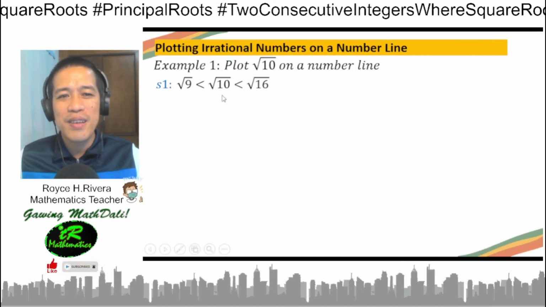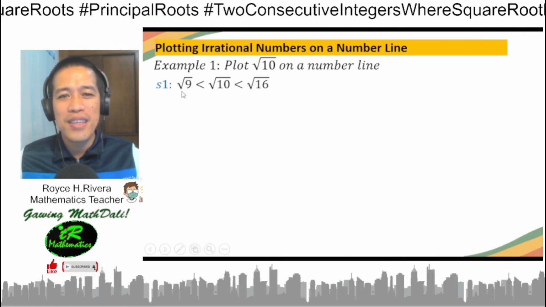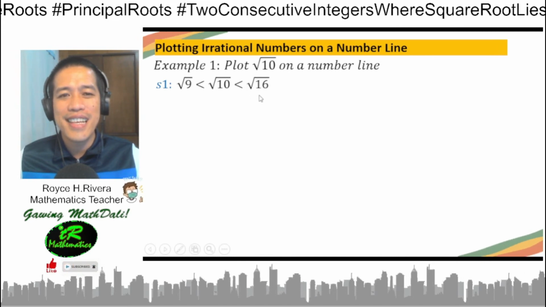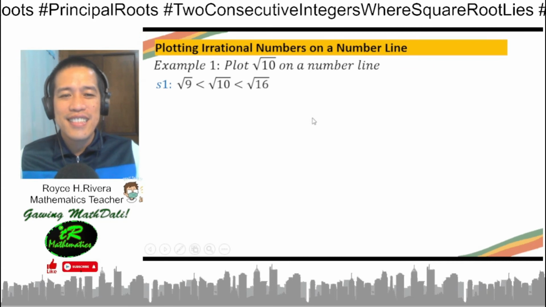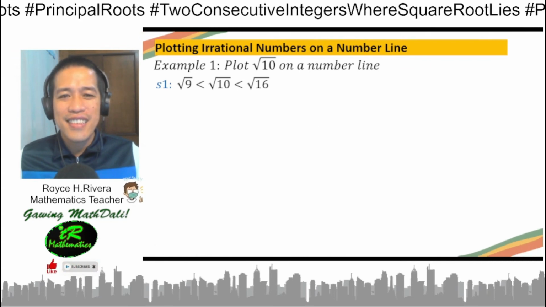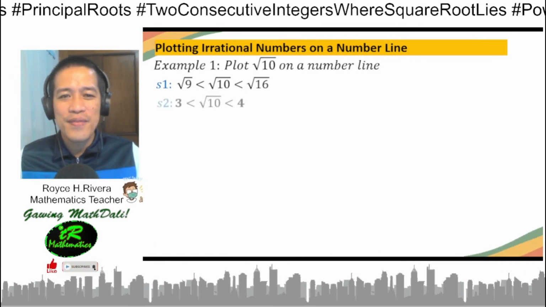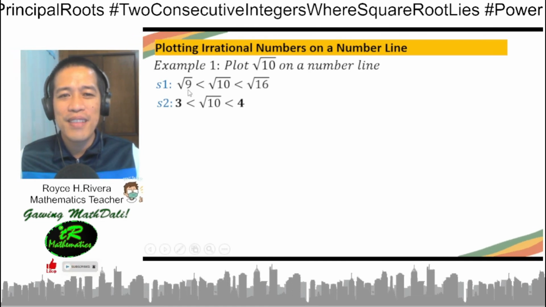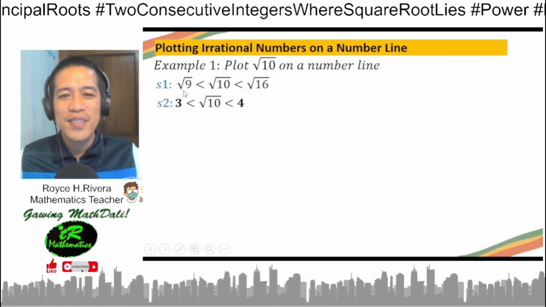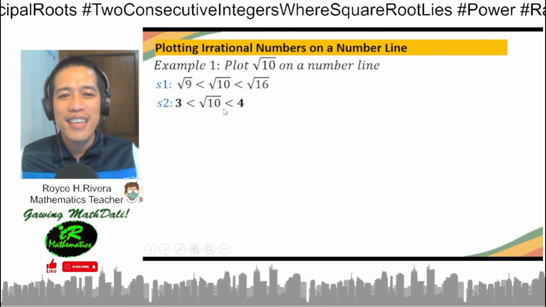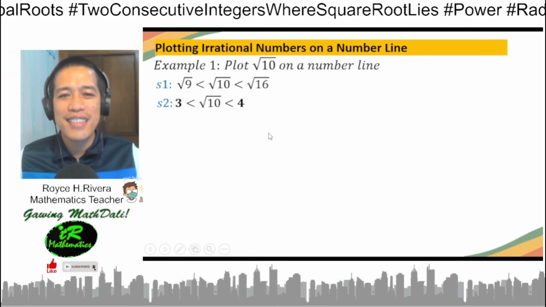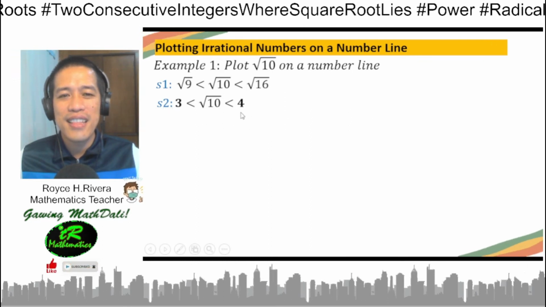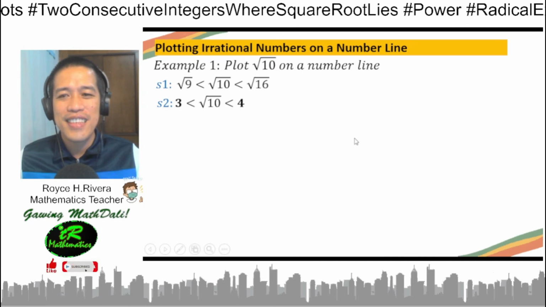So, the square root of 10 lies in between the square root of 9 and the square root of 16. Then, step number 2, we extract the principal root of the two perfect squares. The square root of 9 is 3, the square root of 16 is 4. So we have 3 less than the square root of 10 less than 4.